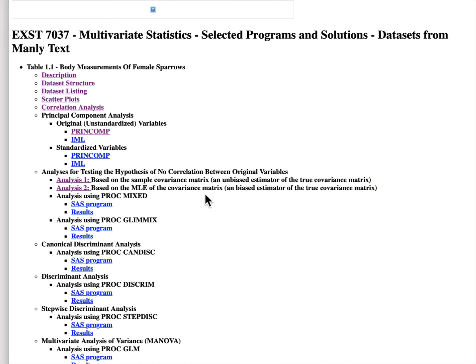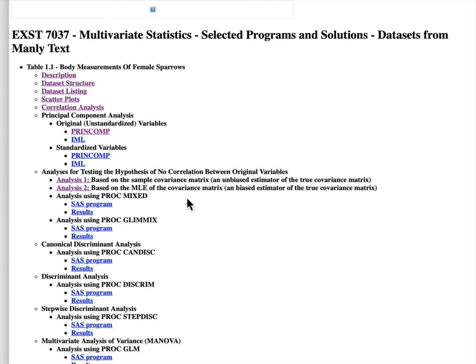Now we have both of these analyses because technically the likelihood ratio test, which is the test that we are using, calls for using the MLE of the covariance matrix, or if we're analyzing the standardized variables, the MLE of the correlation matrix of those variables. But what we're going to find is that the sample covariance matrix is just a scalar multiple of the MLE of the covariance matrix.